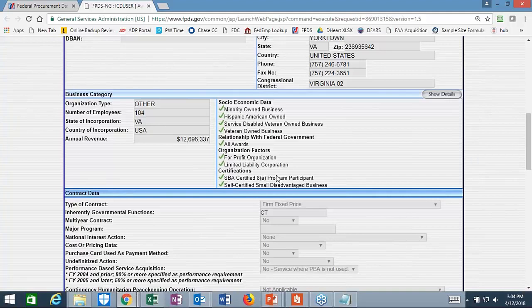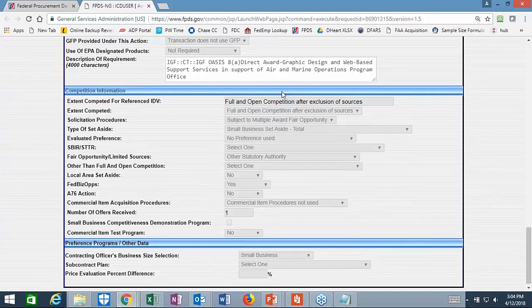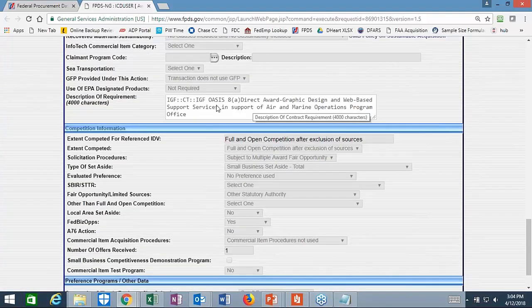Of course, they can win full and open. They can do all kinds of things. But I am seeing this weird other statutory authority. Boy, what other statute are they referring to? Are they referring to the SBA authority to make directed orders to an 8A person in the 8A STARS program? Well, they are. Look at this, right in the comment. OASIS 8A direct award.